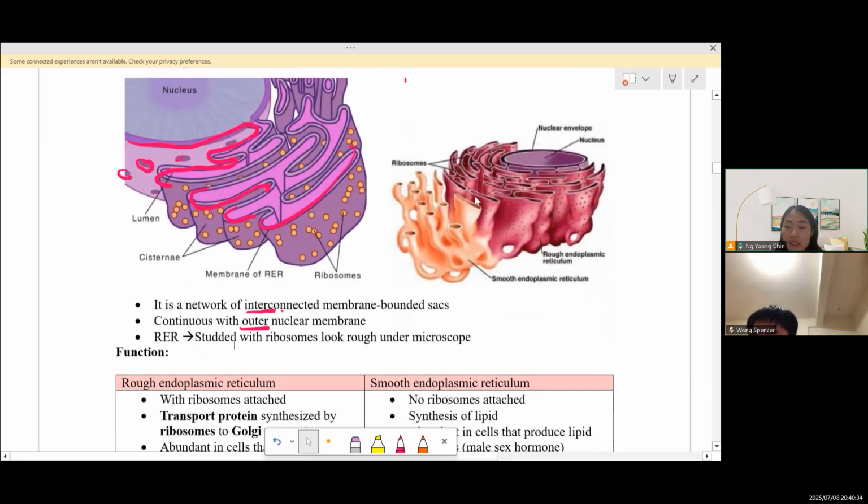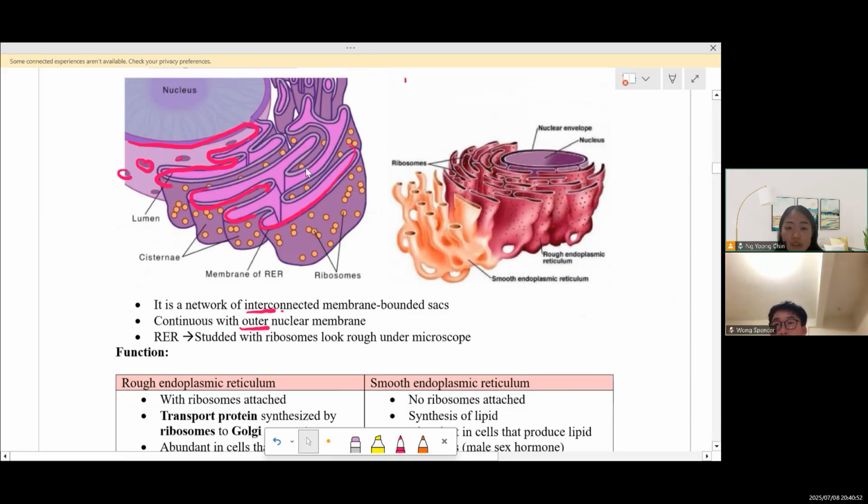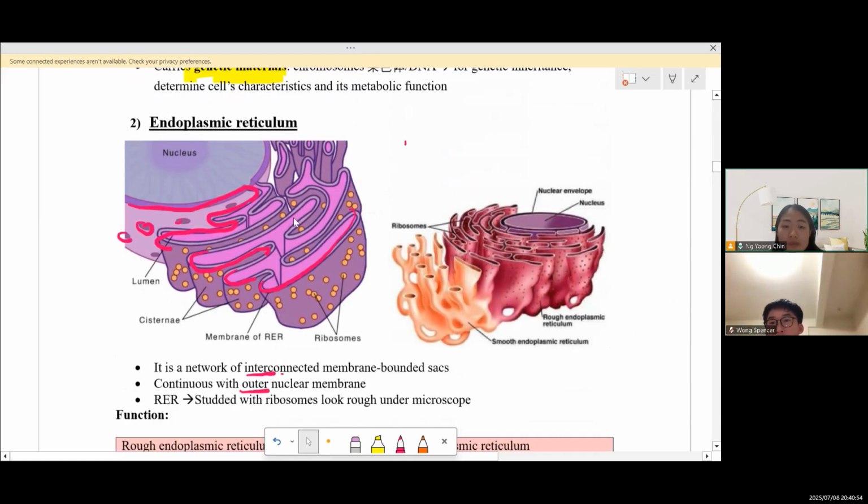Okay, so you have the rough and the smooth endoplasmic reticulum, right? In the rough endoplasmic reticulum, you have ribosomes attached on their surface. And also, in the rough endoplasmic reticulum, you can see their structure is just like a railway, right? Just like routes, okay? You can walk from here to here to here, like a pathway.